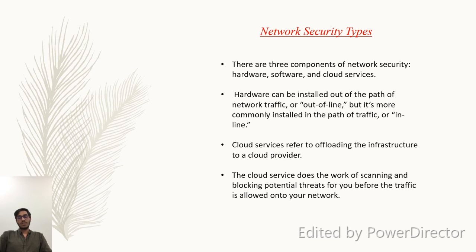Now, cloud service refers to offloading the infrastructure to a cloud provider. The setup is generally similar to how network traffic passes through inline hardware appliances, but incoming network traffic is redirected to the cloud service instead. Every good network security setup uses a combination of different types of network security to create a layered defense system.